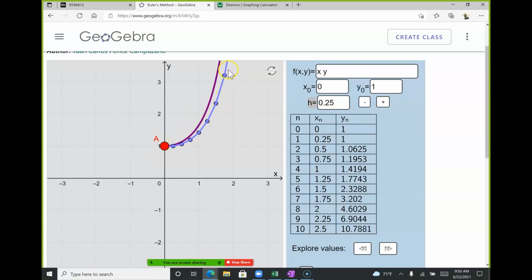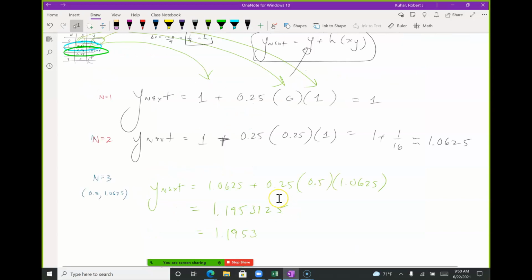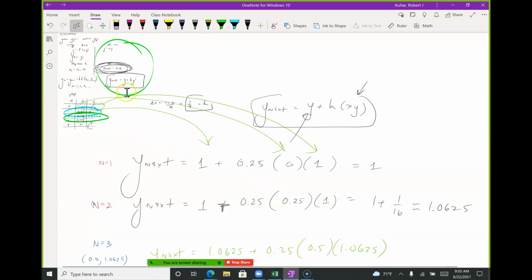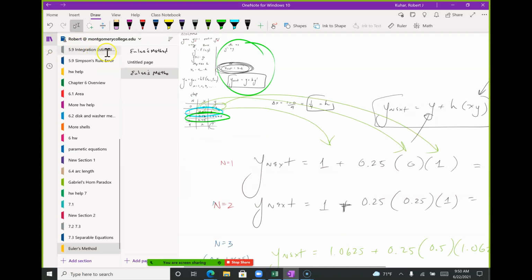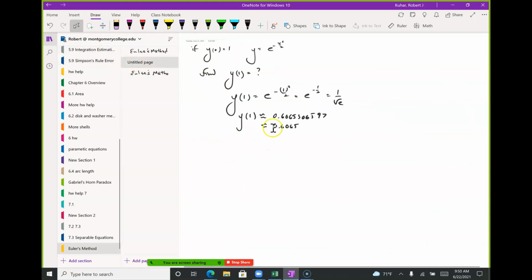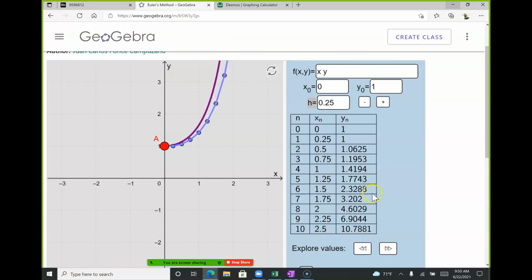So it looks like I have something else wrong, but let me just double check that. It's not looking too good there. I don't know where my mistake is, but it's okay.